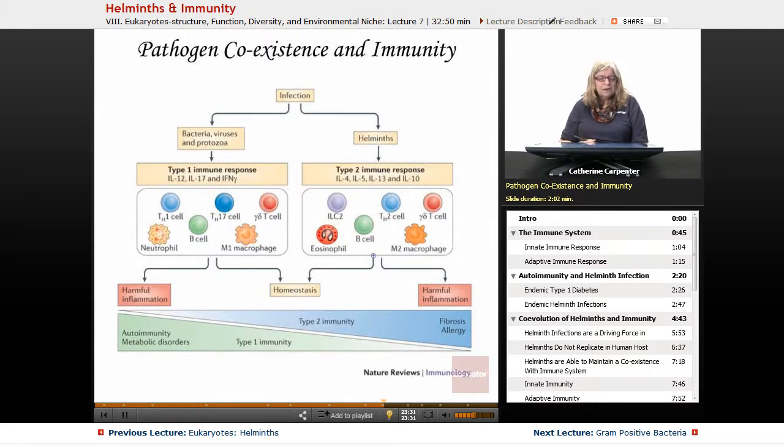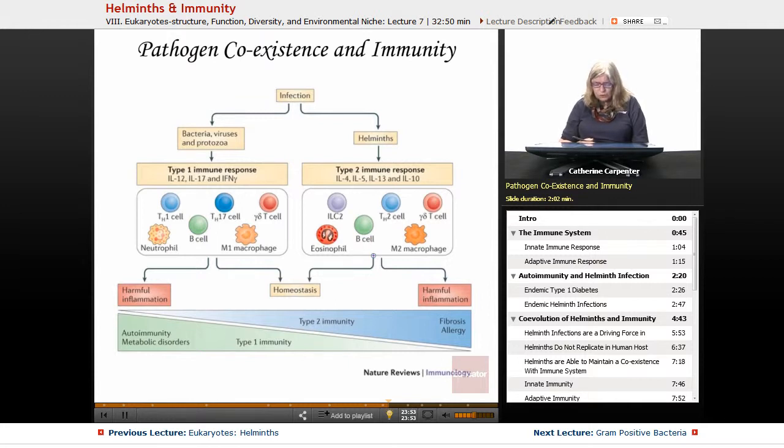So in terms of pathogen coexistence and immunity, we see that bacteria, viruses, and protozoa induce a type 1 immune response. We get these various interleukins. We have neutrophils, B cells, macrophages, T cells, and various populations of T helper cells.